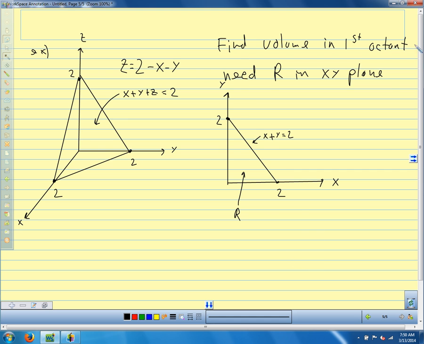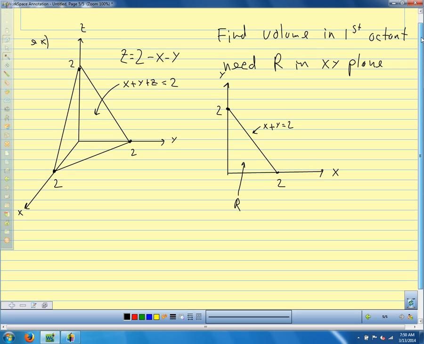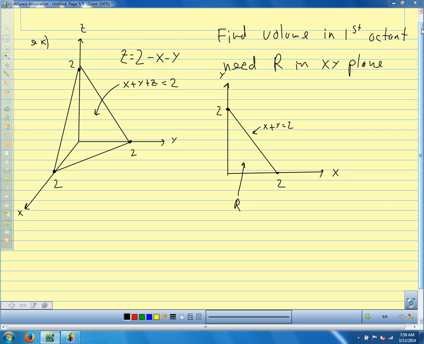All right. So let's set up our iterated integrals for both orders, and then we can choose which one to evaluate. And we're not going to evaluate these. I just want to set them up, but we're going to choose which one we want to evaluate. So let's set up our integral for vertical rectangles.